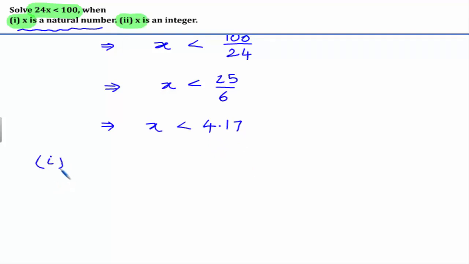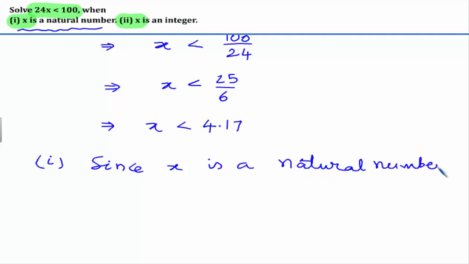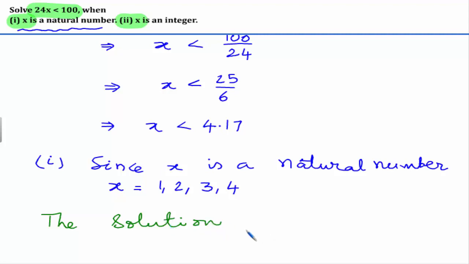So in the first case, since x is a natural number, the solution for this is x will take the values 1, 2, 3 and 4. So the solution set is 1, 2, 3 and 4.